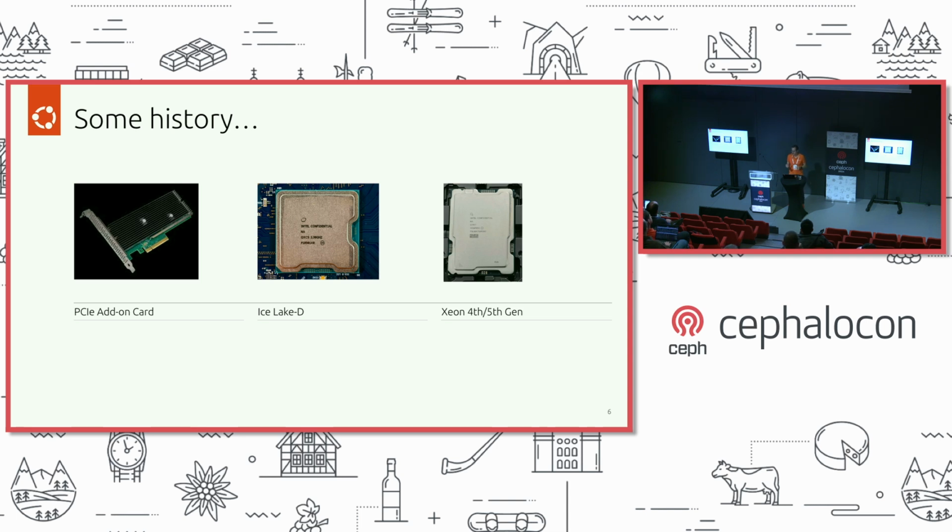That's what has appeared more recently in Gen 4 and Gen 5 Xeons, so that's Sapphire Rapids and now Emerald Rapids. What I'll talk about during this talk is how you can make use of the compression elements. This idea of compressing data in a storage system is not overly exciting, but it can commercially be quite useful.